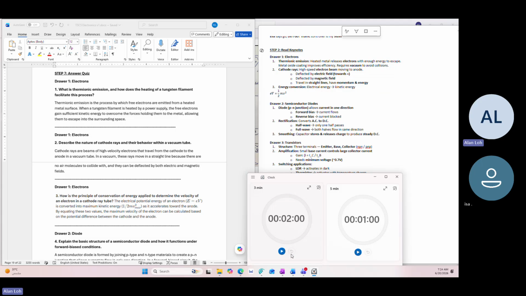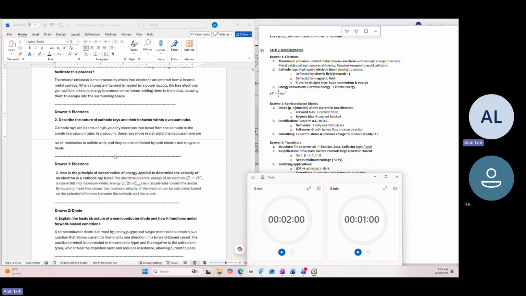So drawer one, your understanding level should go to level 7 now. If I give you 10 questions, you should get 7 correct. Right. And drawer one, let's go to drawer two.